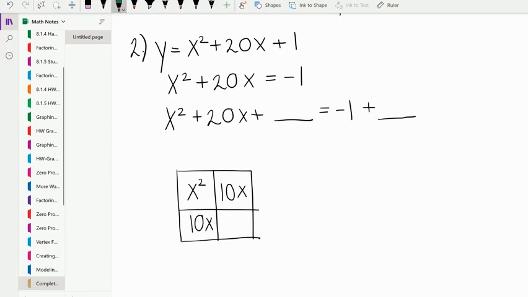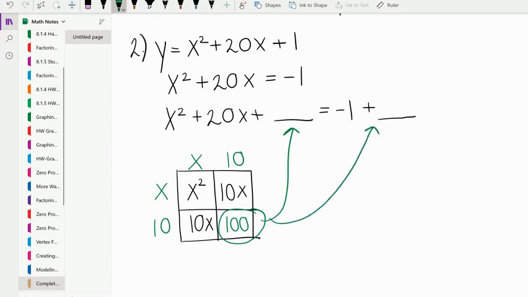And then from there, you come up with the edges. So we get x, x, x times 10 is 10x, x times 10 is 10x. Then you complete the square by saying 10 times 10 is 100. You take that 100 and you place it in the blanks.